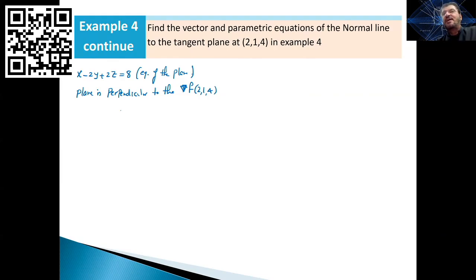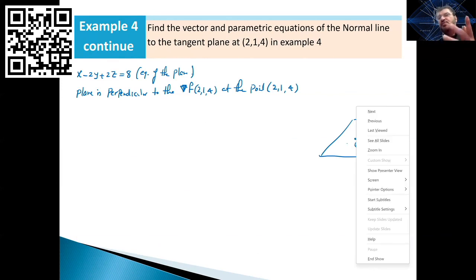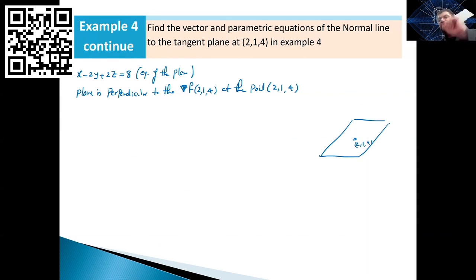It's perpendicular at the point 2, 1, and 4. At this point, I have a plane. Here's the plane. I found the equation of the plane. There's a point here which is 2, 1, and 4. We know that this plane is passing through this point, is tangent to the surface. I don't know what the surface looks like, but it's tangent at this point.